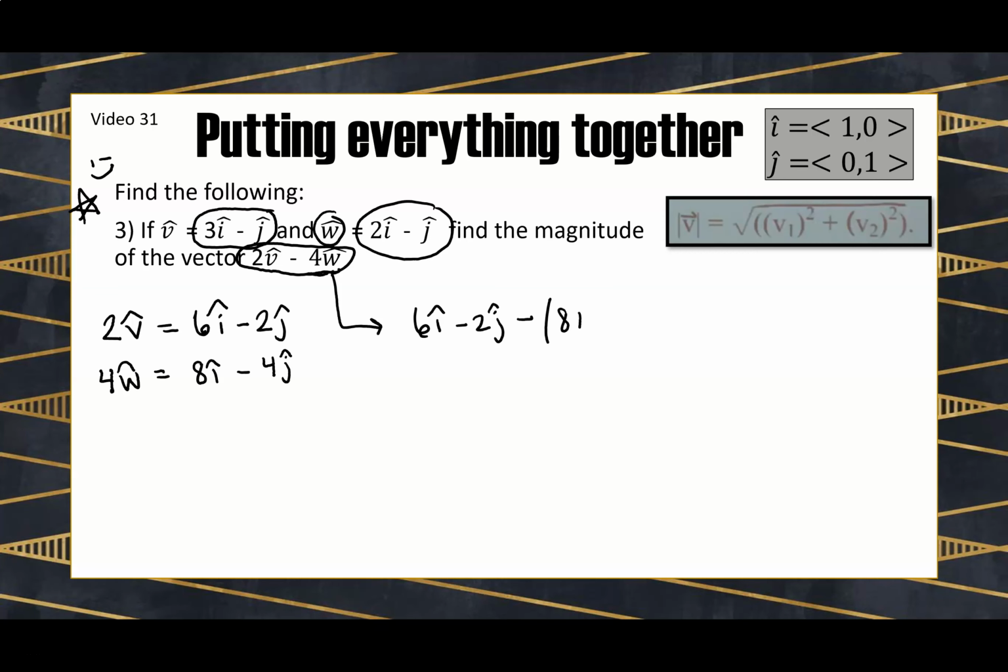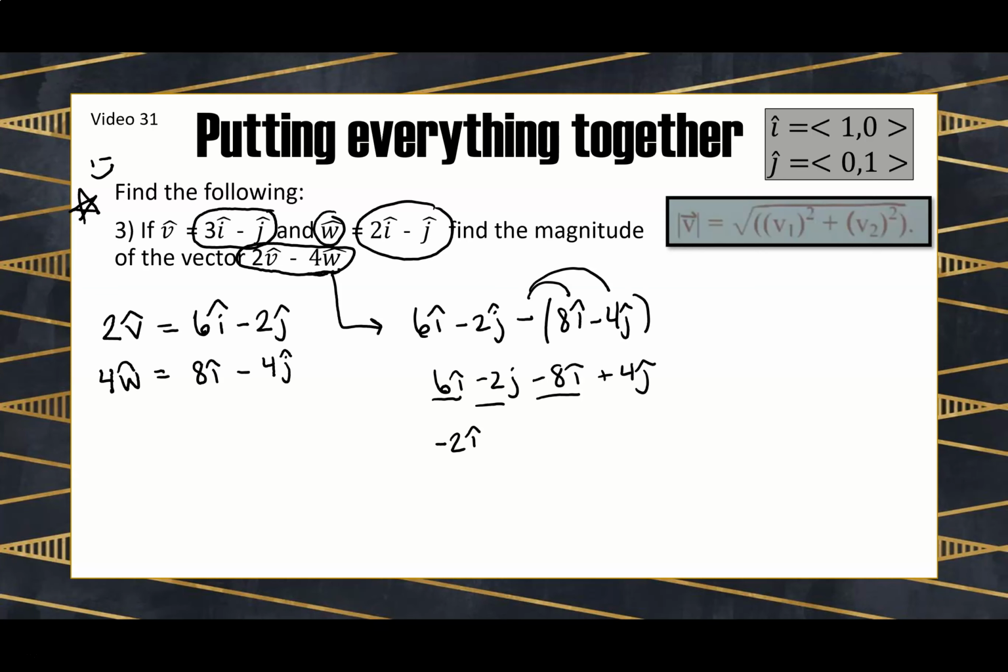That's going to be an 8i minus 4j. So I'm going to distribute that negative through. That's going to give me a 6i minus 2j minus 8i plus 4j. Okay, now I have to combine my like terms. A 6i and a negative 8i gives me a negative 2i.